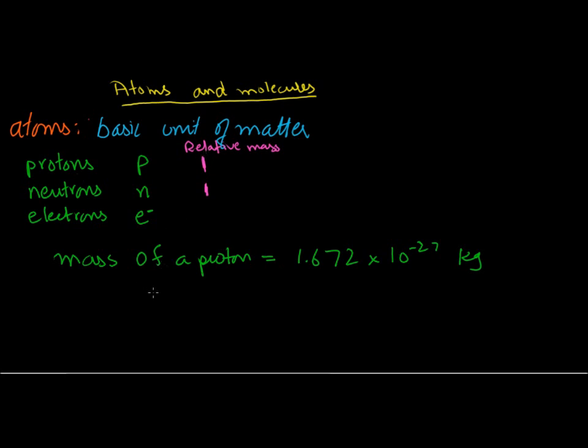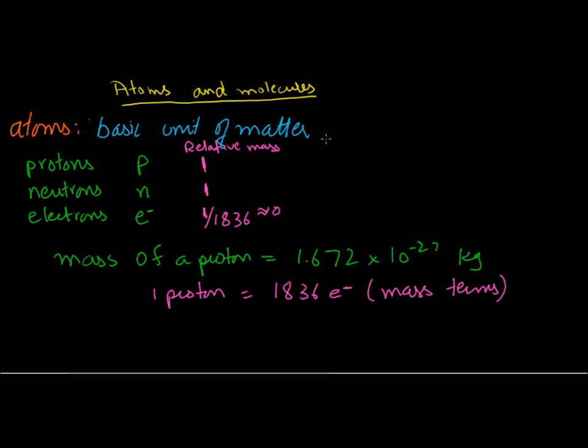In fact, 1 proton is equal to the mass of 1836 electrons. So electrons come out to be nearly 0, but if you want to be precise, it's 1 over 1836. Most of the time people will just say in relation to protons and neutrons, electrons are nearly 0 in mass.